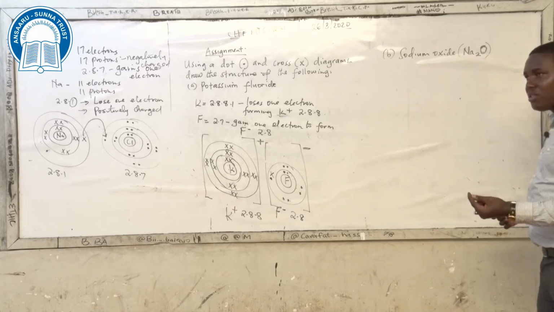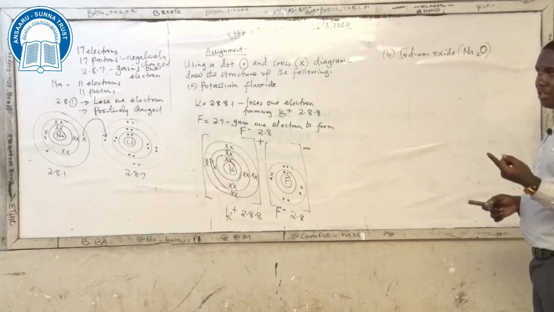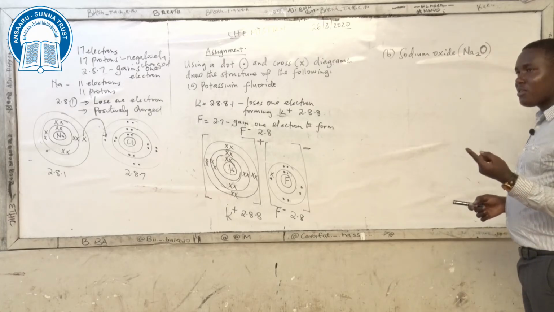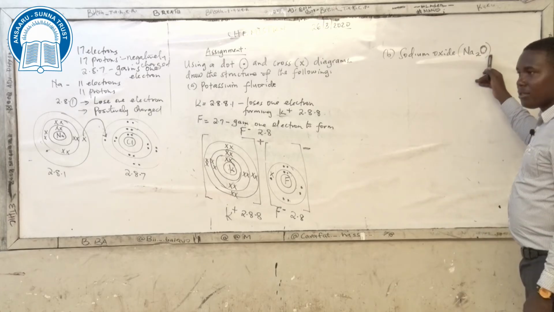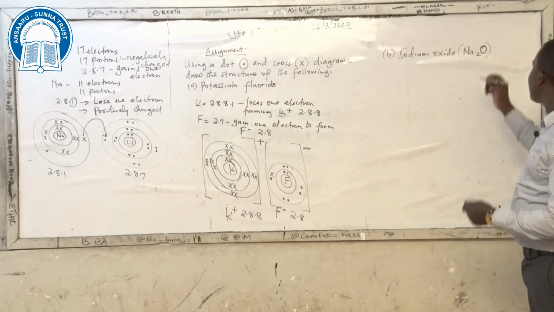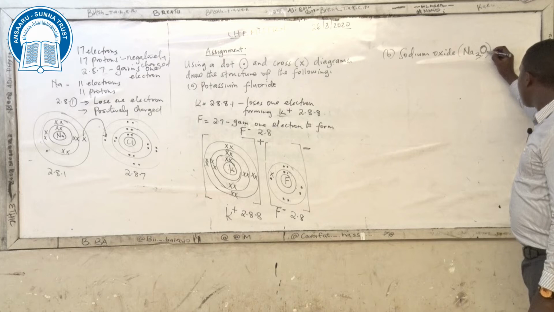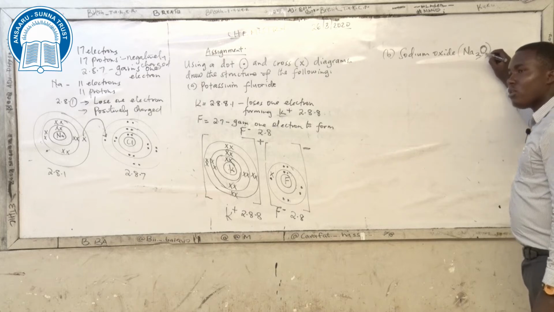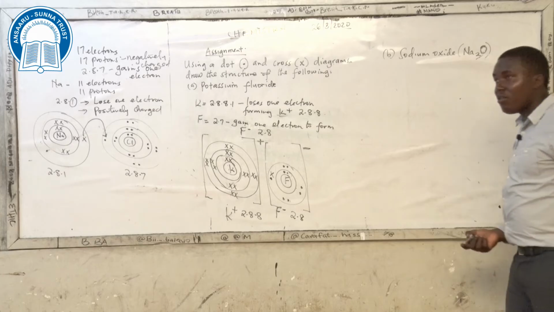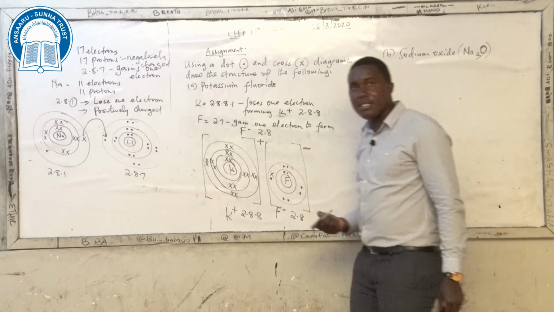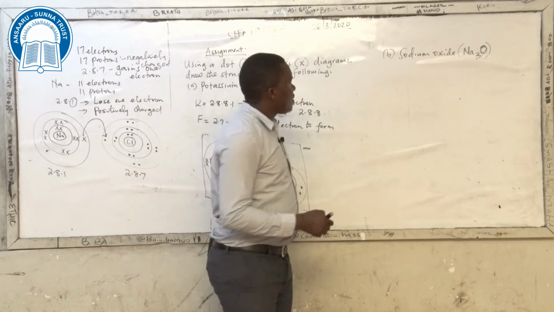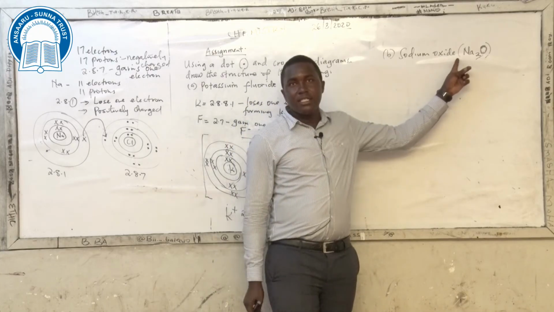We know that each sodium atom can only contribute 1 electron, but the oxygen atom requires 2 electrons, and therefore that is why you require 2 sodium atoms losing 2 electrons to the oxygen atom. That is when there will be complete transfer of electrons and also the stability of the compound formed.